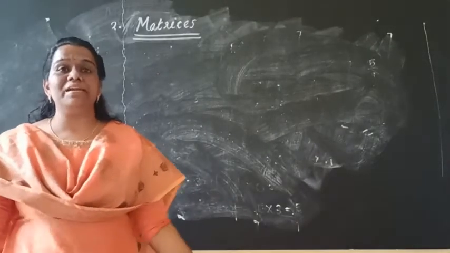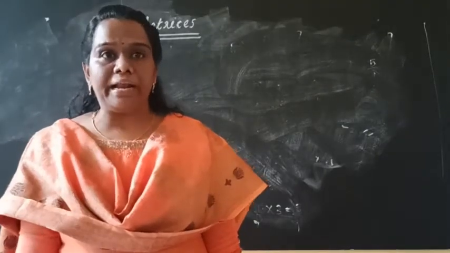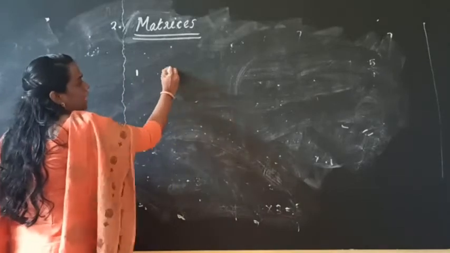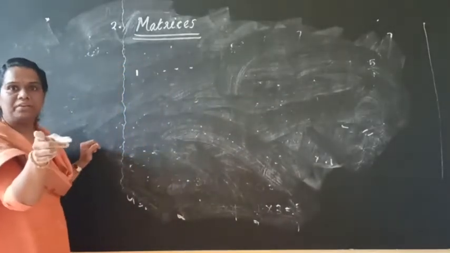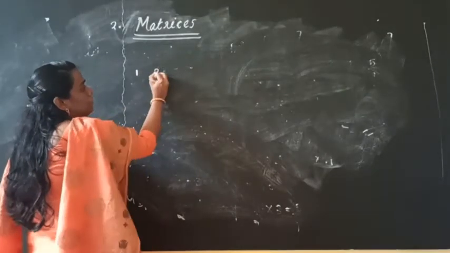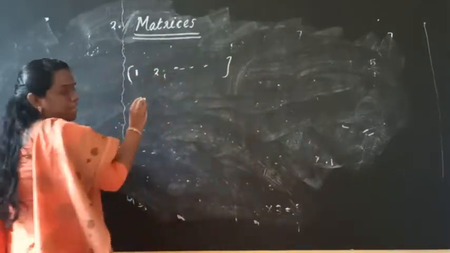How can we write 8 elements as a rectangular array? We can write them in 1 row of 8 elements, like 1, 2, 3, and so on, 8 elements.